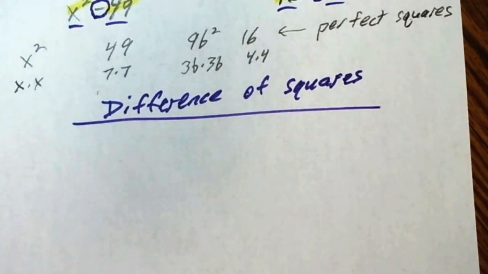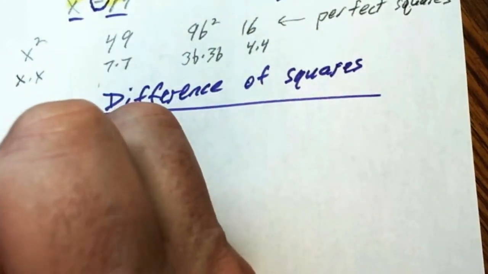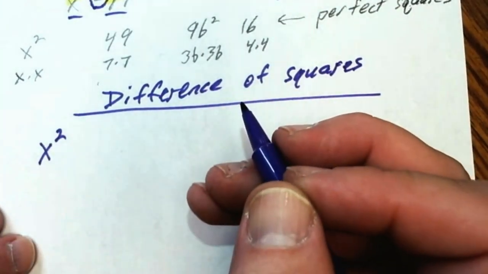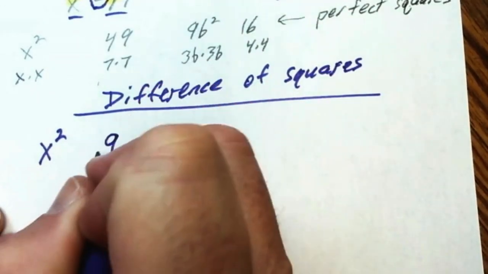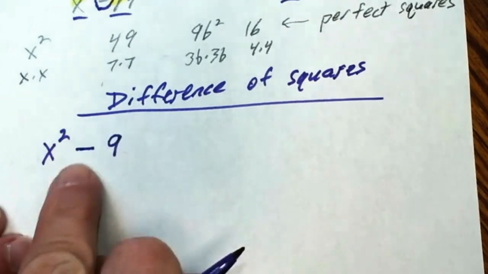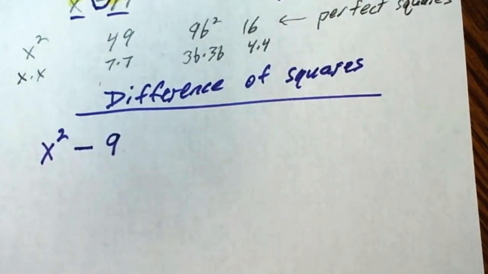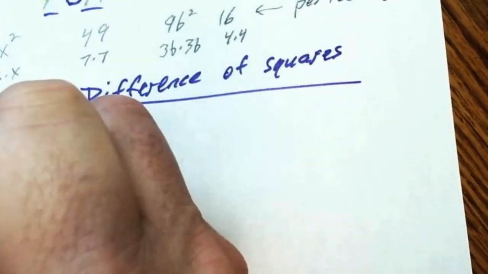If we take two squares, so I'm going to take x squared, and I'm going to take, well, let's do 9. 9's a square. And I'm going to take the difference. That means subtract.